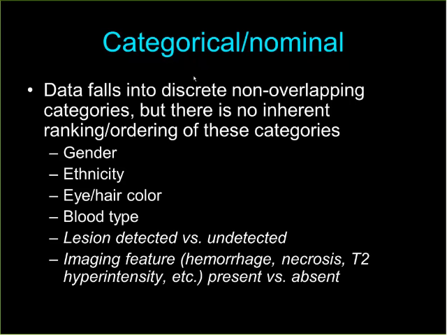Similarly, for the realm of imaging, whether a lesion is detected or undetected, whether certain imaging features such as hemorrhage, necrosis, T2 hyperintensity are present or absent in our lesions. We can form these different groups or buckets and place the patients or lesions into these, but it's not really an ordinal scale or direct measurement.